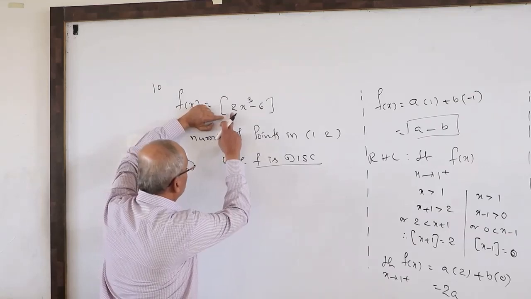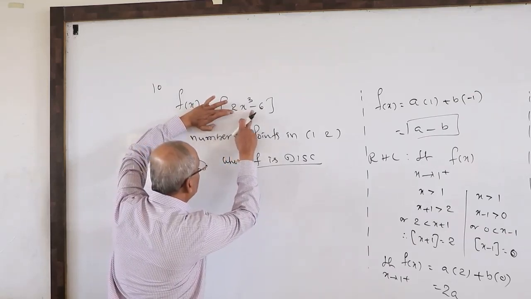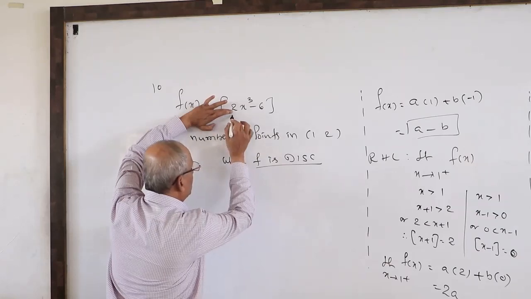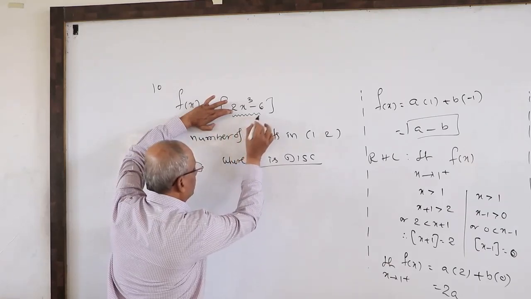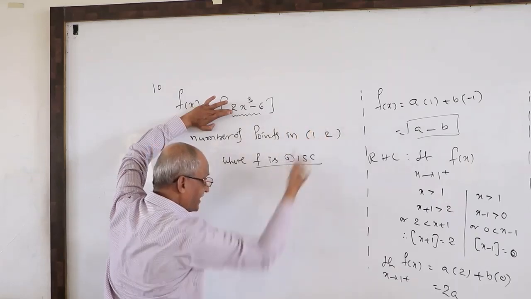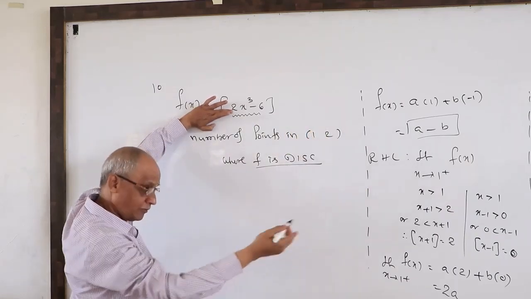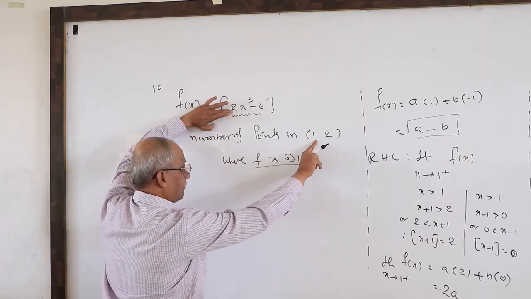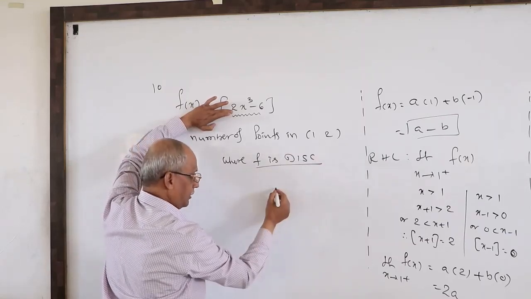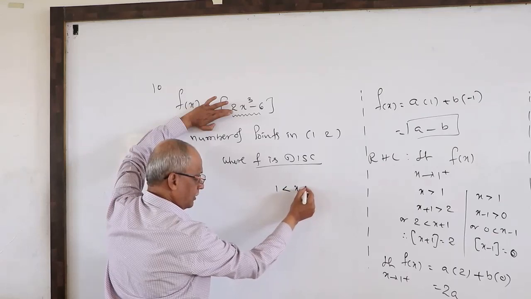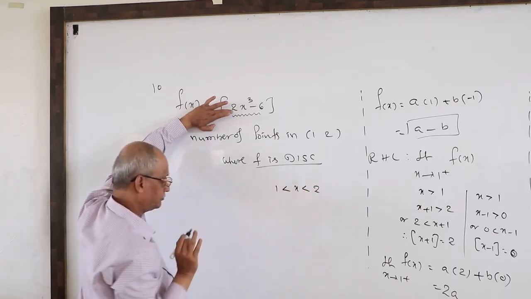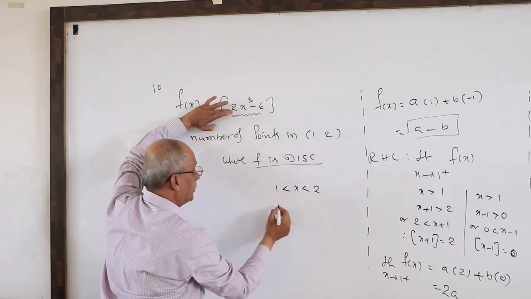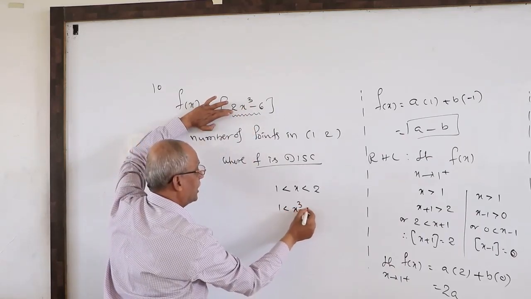Greatest integer function of 2 times x cube minus 6. Observe here, this function is obtained from x, so you have to start from x. What is the interval here? Open interval: 1 less than x less than 2. Next, cube is there; cubing on both sides, 1 less than x cube less than 8.